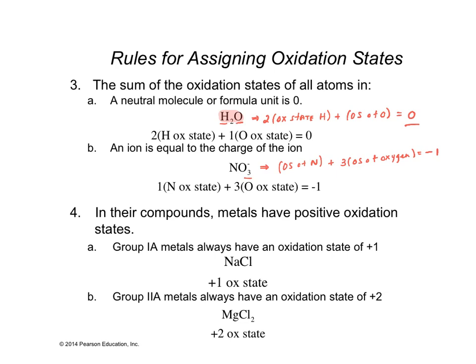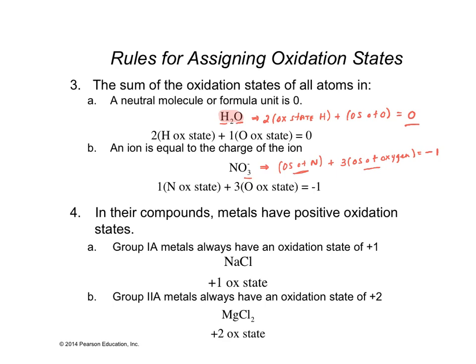Then, if we do have these molecules, these compounds, how do we know how to assign these oxidation states? We're going to follow a couple of different rules. Things at the top of this list are going to trump everything at the bottom, right? So how do we assign oxidation states to atoms in a compound?